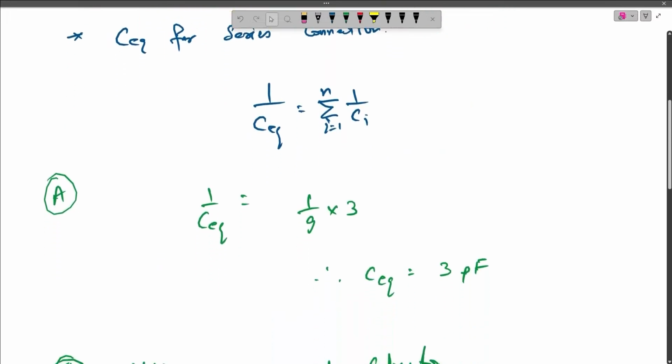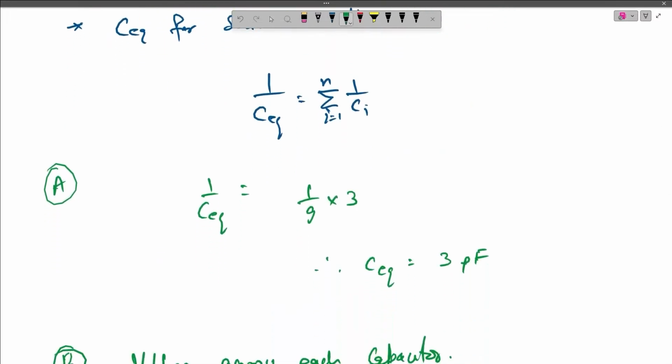The C equivalent for a series combination is given by the summation of reciprocals of each capacitor. So 1 by C equivalent equals the summation of 1 by C, where C is the capacitance of each capacitor. As per the given question, each capacitor is of capacitance 9 picofarad, so the total capacitance would be equal to 3 picofarad as per the calculation.